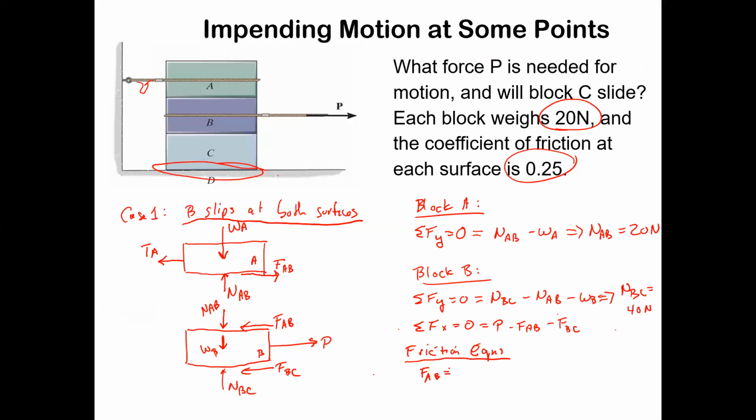If it's moving at both surfaces, what do we know about FAB? What do we know about FBC? It's impending motion. What does that mean? Ollie, what does that mean?